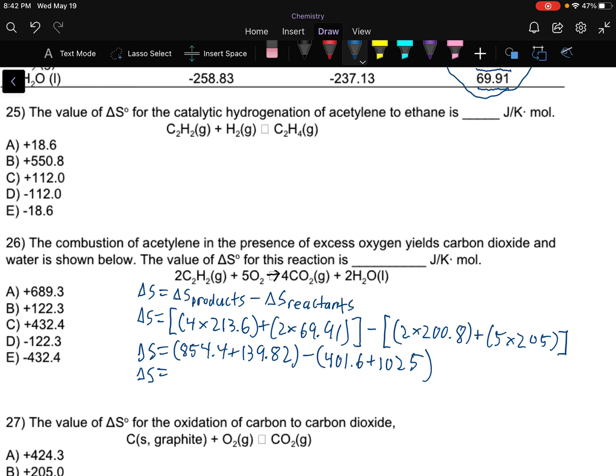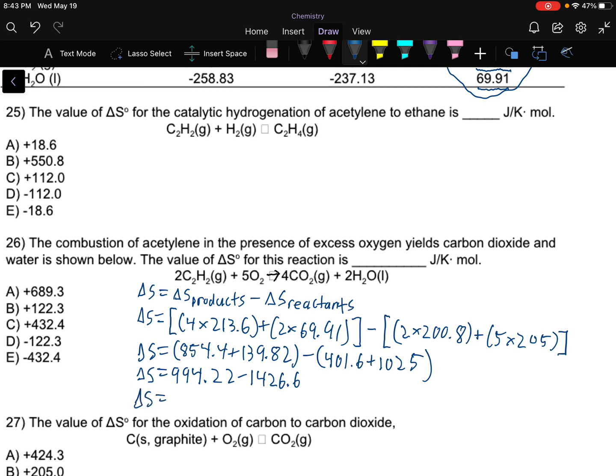Then within those parentheses, 854.4 plus 139.82, that's 994.22, minus 401.6 plus 1025, that's 1426.6.